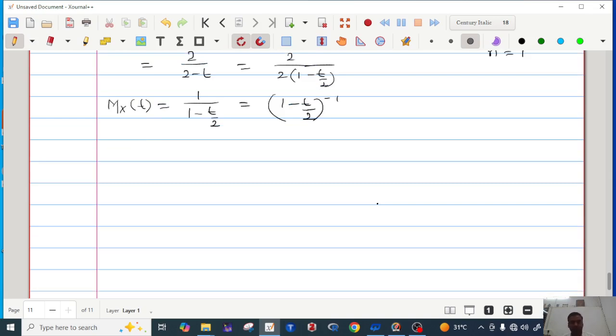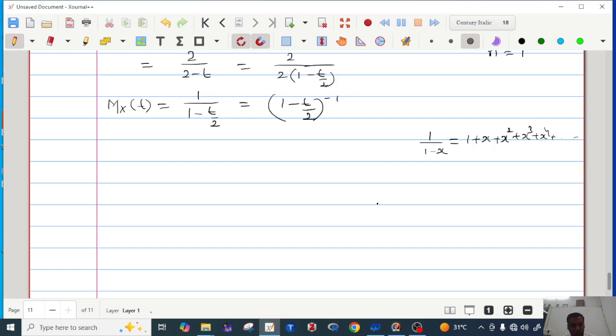Expand this MGF. Now there is one series: 1 upon 1 minus x is equal to 1 plus x plus x square plus x cube and so on.